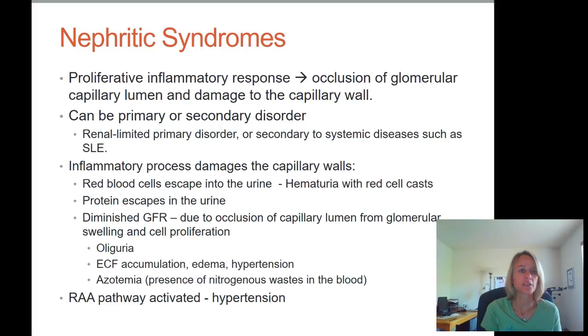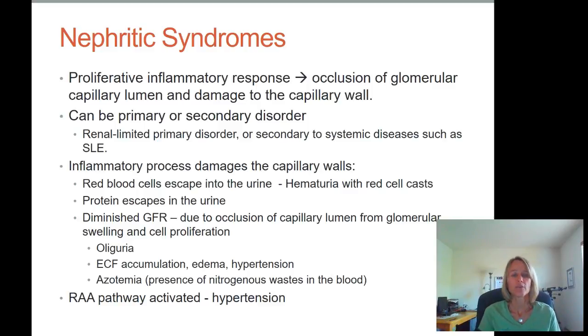Okay, so nephritic syndromes, these are a proliferative inflammatory response that leads to occlusion of glomerular capillary lumen and damage to the wall. Okay, so this is one of those glomerular injuries that we just talked about. This can be a renal-limited primary disorder, or it can be secondary to systemic diseases such as lupus.